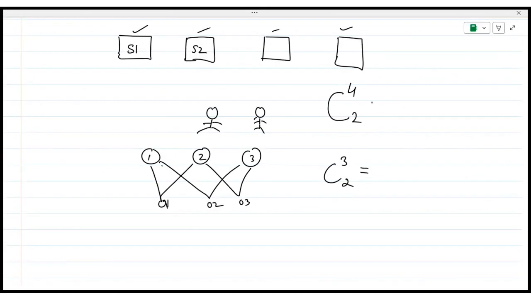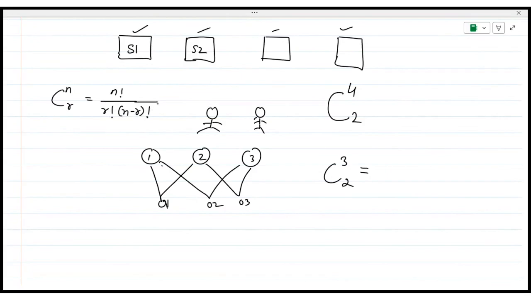Now what is 3C2, or nCr, and how do we compute it? nCr is n factorial divided by r factorial into (n minus r) factorial.